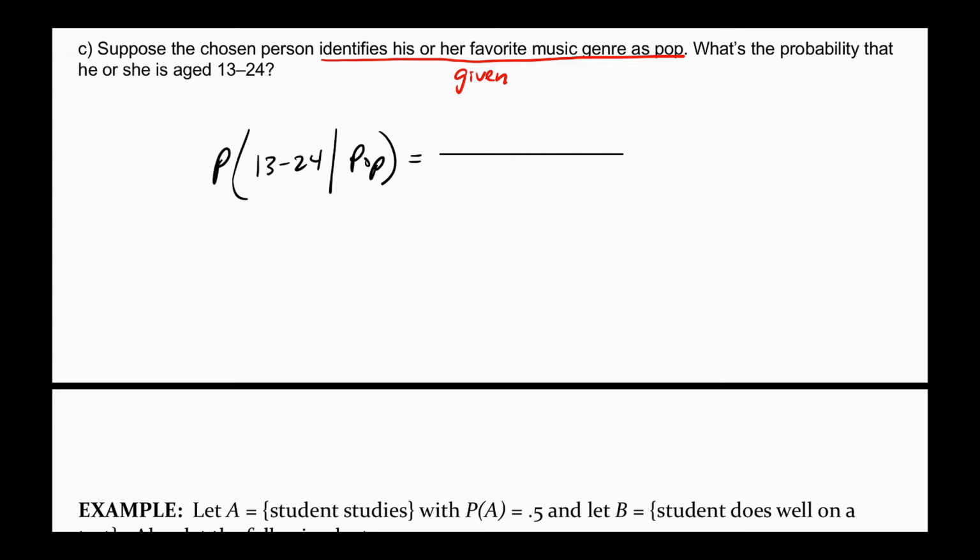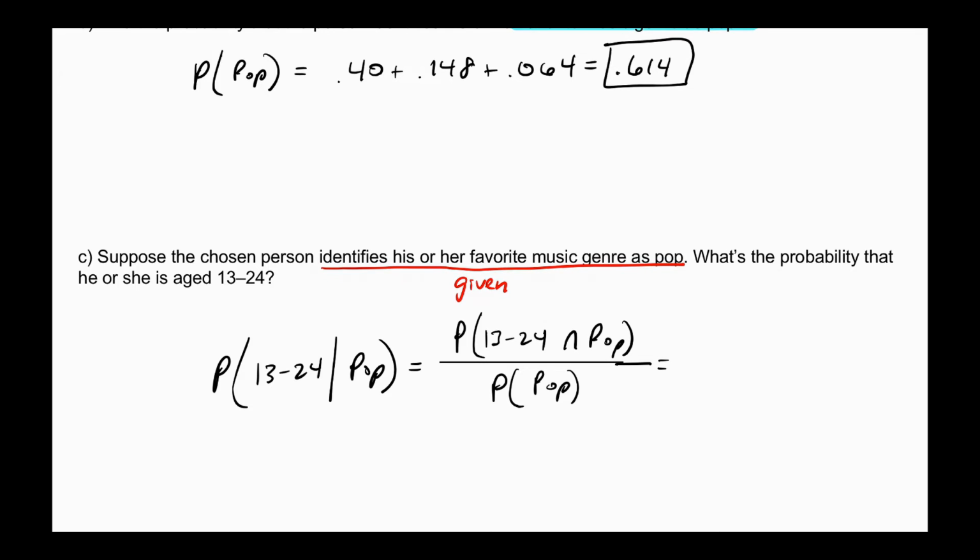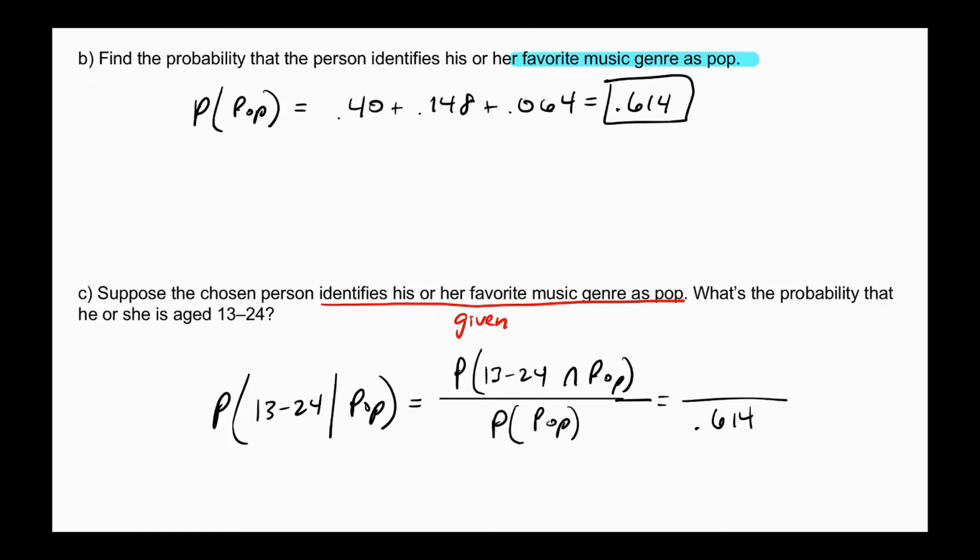Okay? So the general multiplication rule says the probability of both of these things over the probability of the second one, which is pop music. We just found out the probability of pop, which is 0.614. Now we have to find the probability of 13 to 24 and pop. That's one of my paths, right? That's a path down the tree diagram.